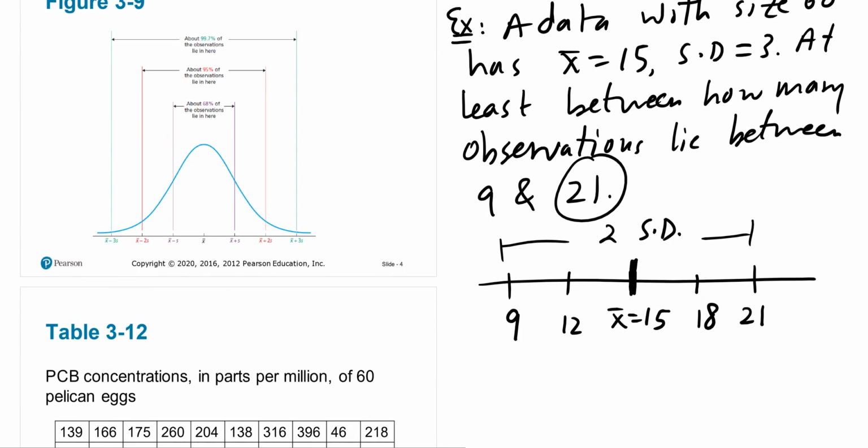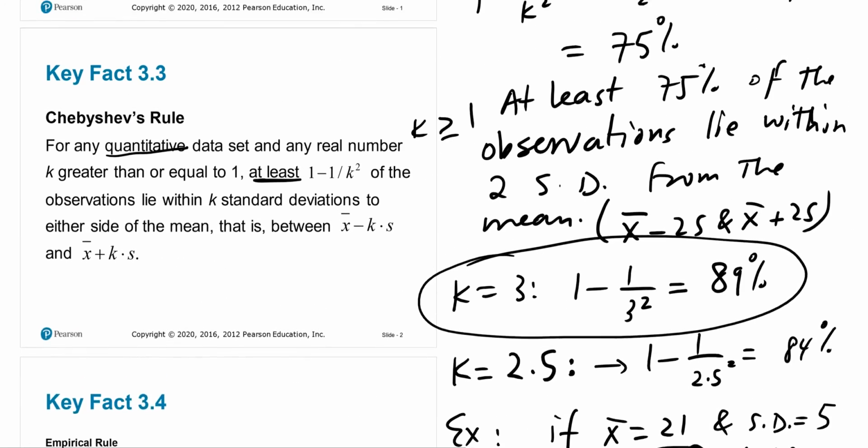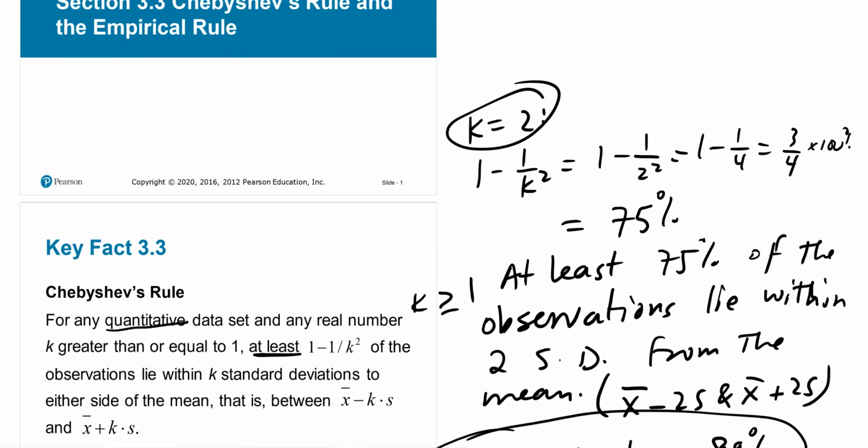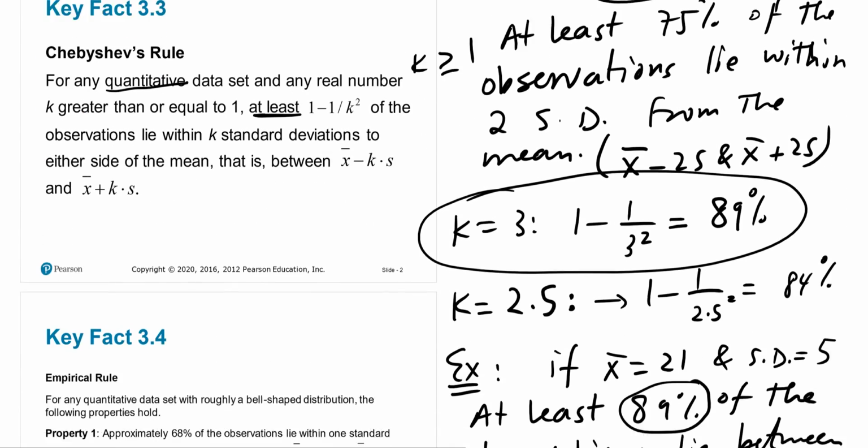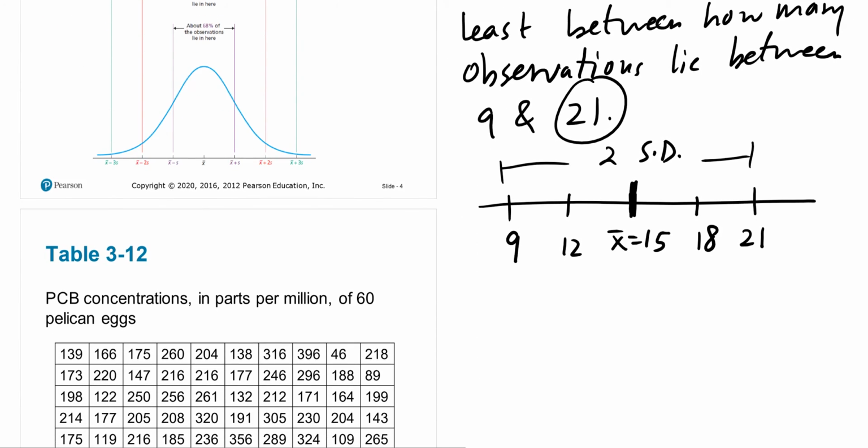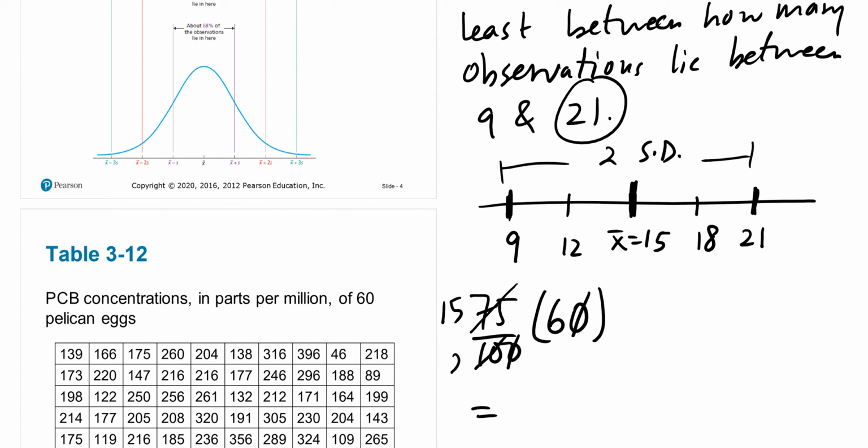If you remember, k equals 2, 2 standard deviations, was 75%. So we find 75% of the total number of observations given, 60. That will tell me how many fall between 9 and 21. If I cancel the 0 by 5, 15 by 5, 2 by 2, 1 by 2, 3. 3 times 15 is 45. So 45 observations.